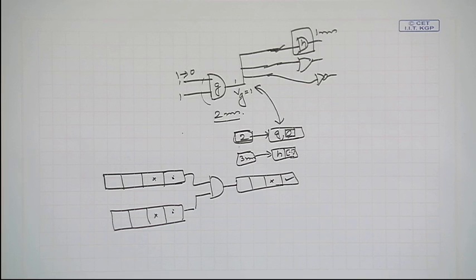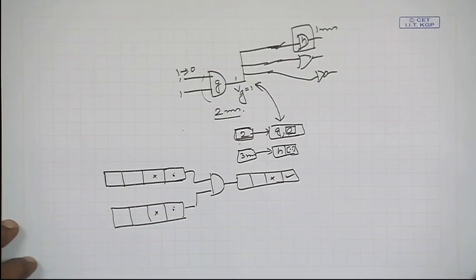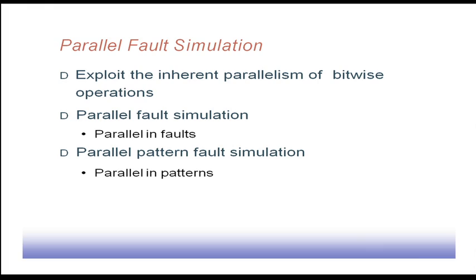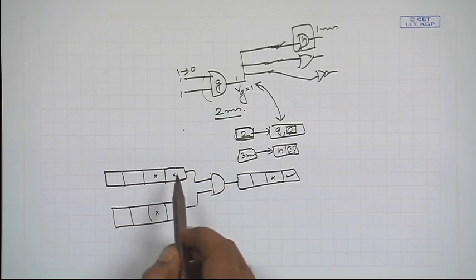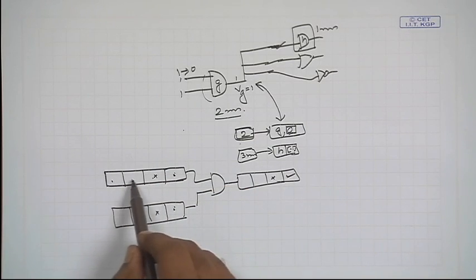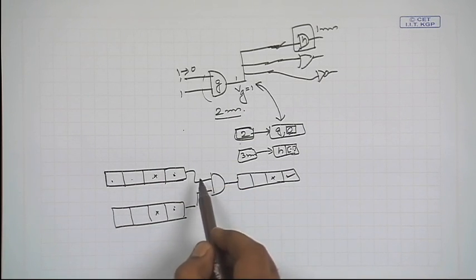Now, what do we represent in these 4 bits? That is one important thing. One possibility is that in parallel fault simulation, we represent the individual bits as different faults. For the same line, in the presence of 4 different faults, what are the values of this line?